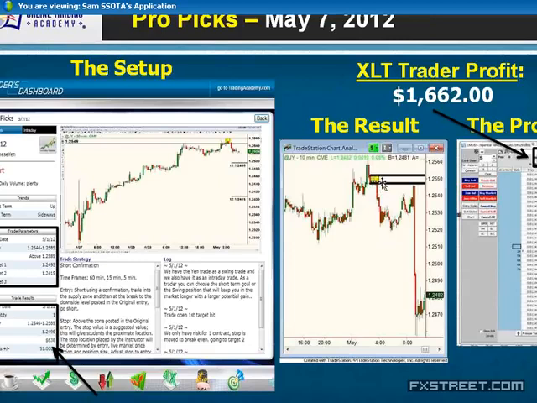First of all, when price falls from right here to right here, I know that supply exceeds demand right here. Number two, when price falls to right here, I know that all the demand, or buy orders, that were left here, and there were unfilled buy orders, we know that for a fact because price rallied away from this level, especially in strong fashion.